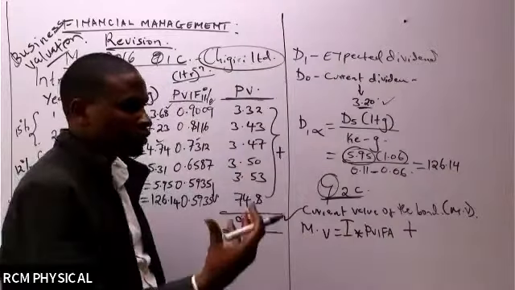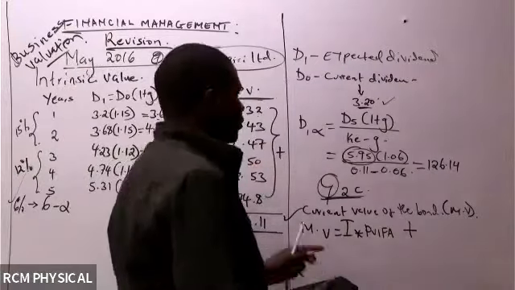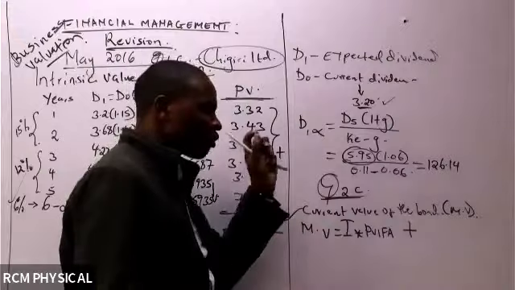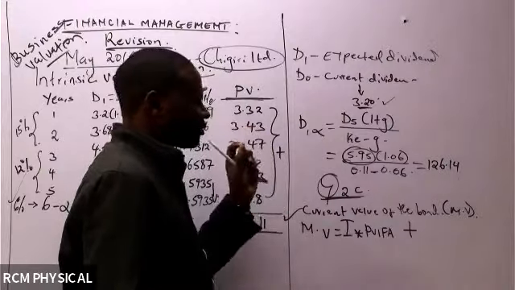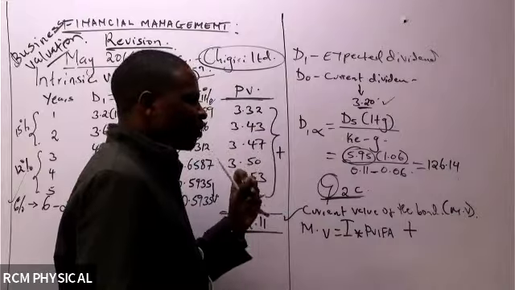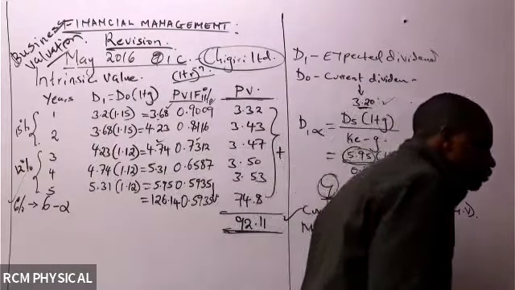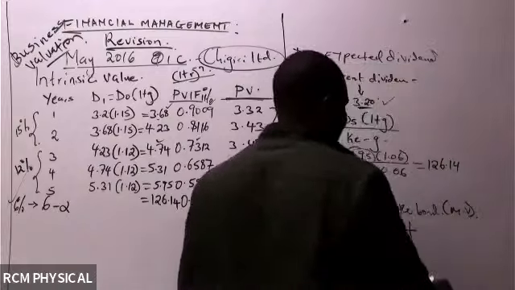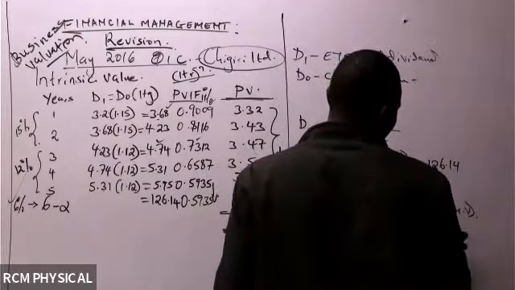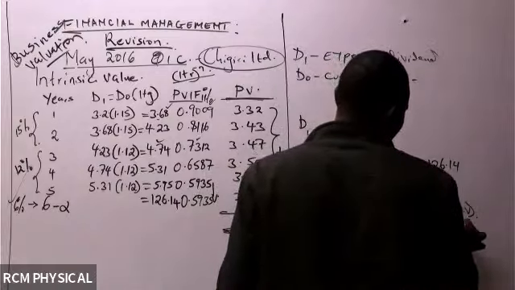These are concepts that matter, and this topic has very small things that count. Redemption value times PV.